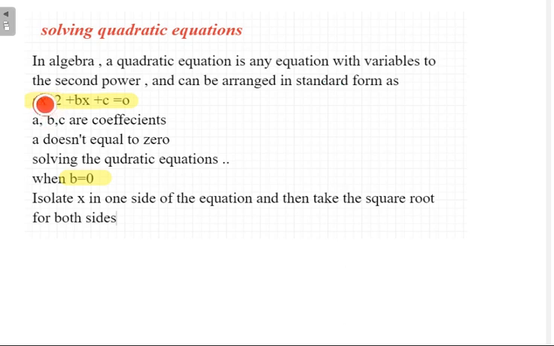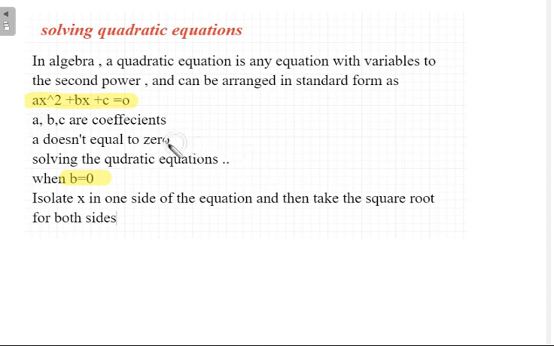If a equals 0, then this term will be eliminated, and the remaining bx plus c is a linear equation. So in a quadratic equation, a must not be 0.